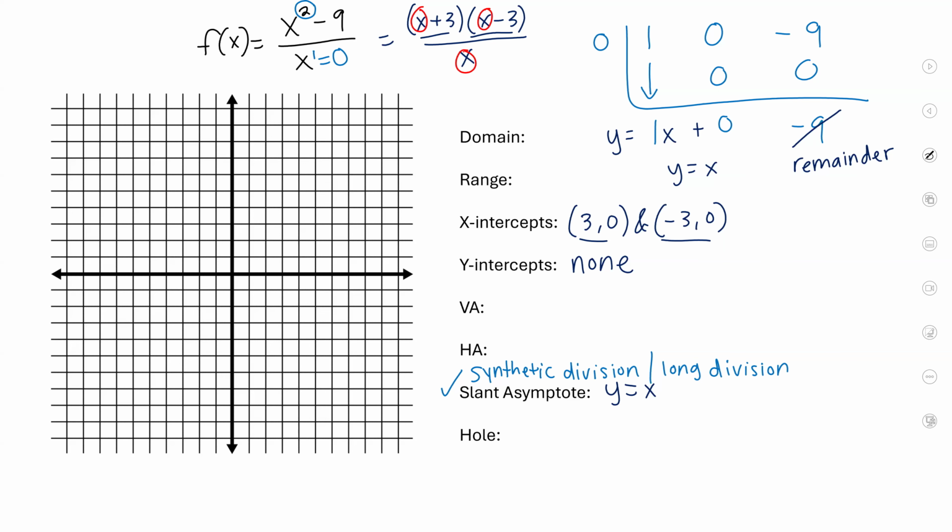I'll go ahead and graph it. So for my slant, I'm going to start at 2, and my slope is 3. So I'll go up 3 over 1, like this. My vertical asymptote is at 3, right here.